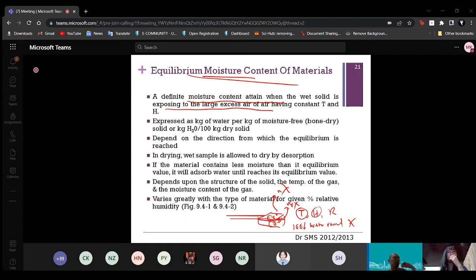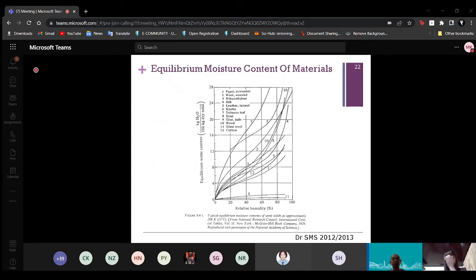Like when you put your wet clothes outside to dry, you take them and they feel a bit damp, especially on a wet or rainy day. You feel they are dry but a little damp. Basically there's some moisture there, because the condition at that time reaches equilibrium at a little bit higher water in your clothes. Okay, so how to get the value?